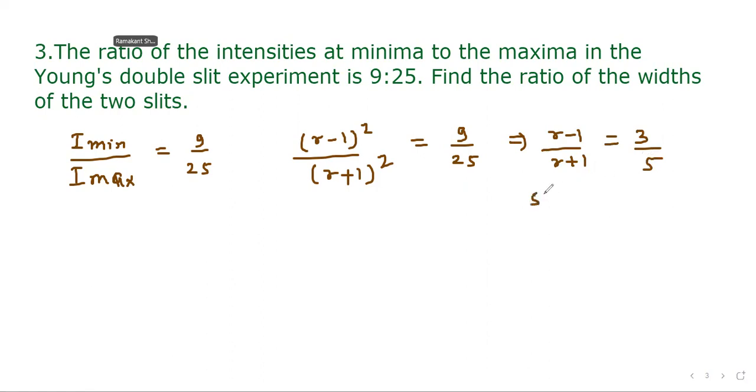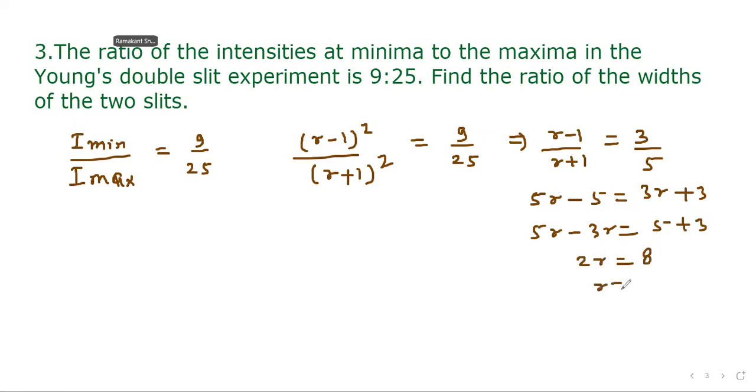So we make cross multiplication, 5R minus 5 equal to 3R plus 3, from where we will get 5R minus 3R equal to 5 plus 3, that is 2R equal to 8, or R equal to 4. So R equal to 4 means A1 upon A2 is equal to 4, which is the ratio of the amplitudes.